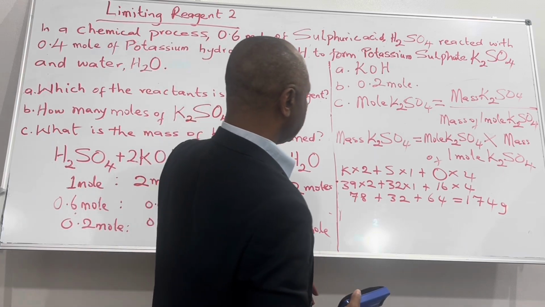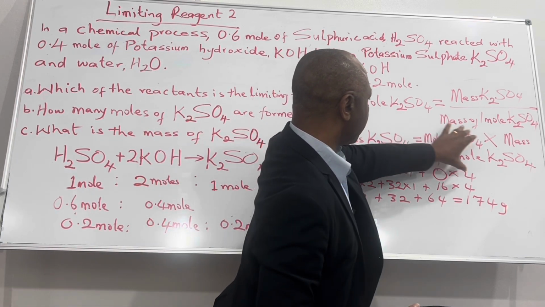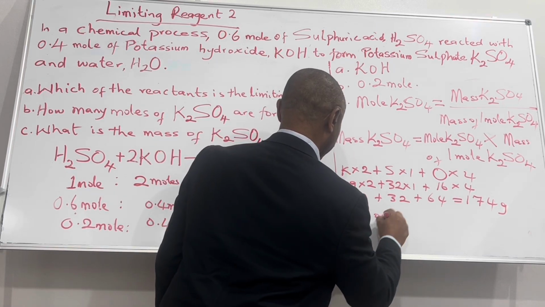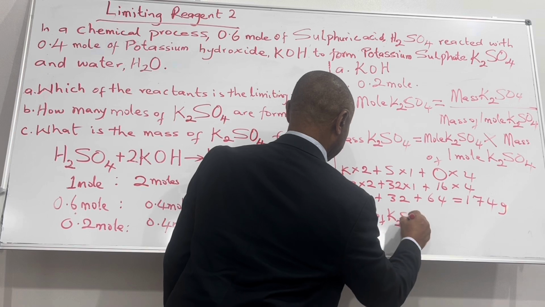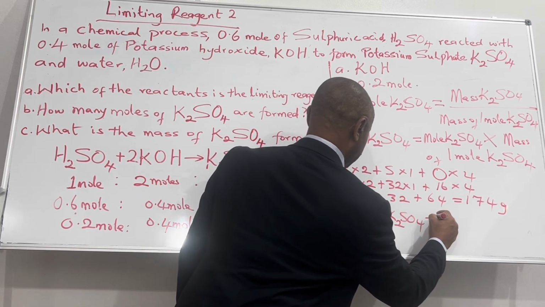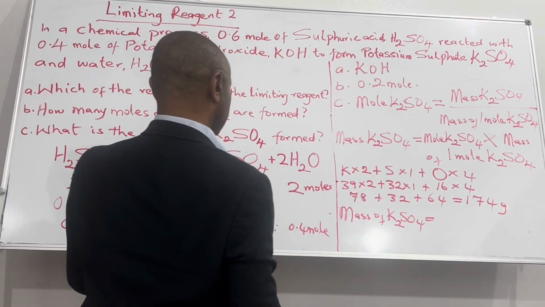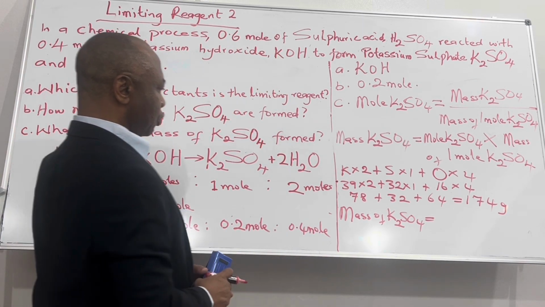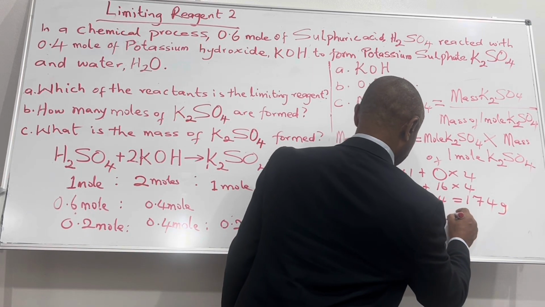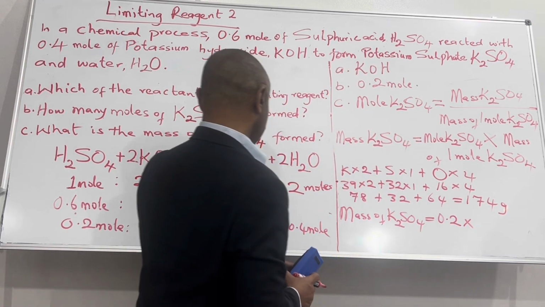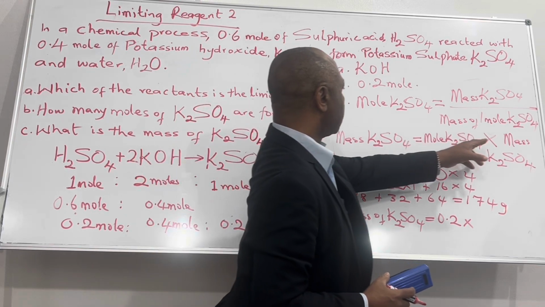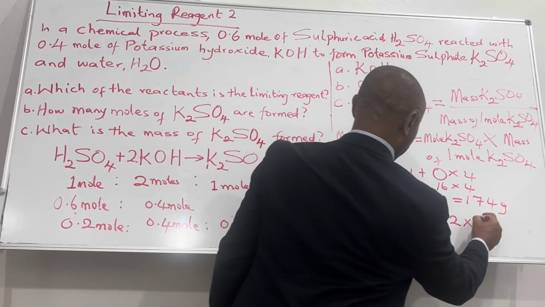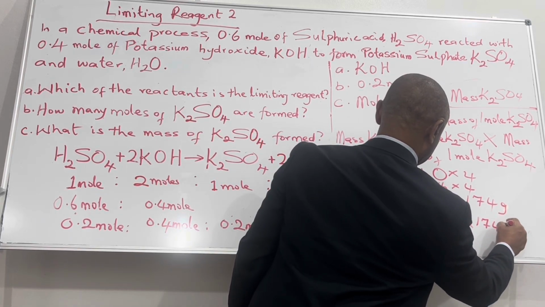Then we proceed to using this formula. Mass of potassium sulfate is equal to mole of potassium sulfate, which we have gotten to be 0.2, times mass of 1 mole of potassium sulfate, which we have gotten to be 174 grams.